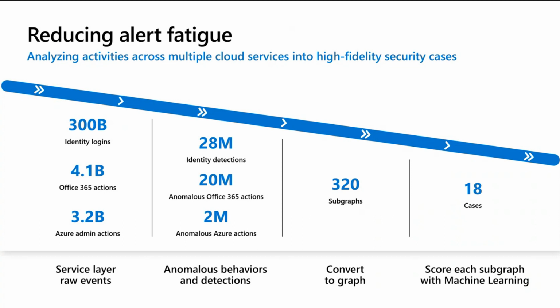In the third stage, it is sorting out those events: 320 subgraphs, maybe alerts. But among those 320 alerts, only 18 require human intervention. Understand? So you see the scaling of this product. You get that many events, and the actual thing you will have to investigate is 18 cases.